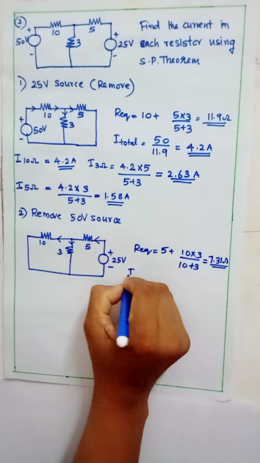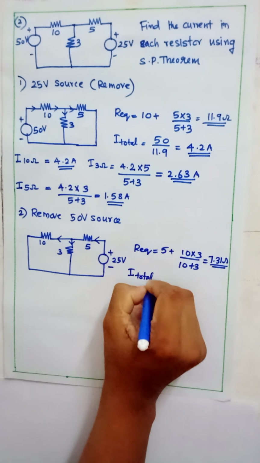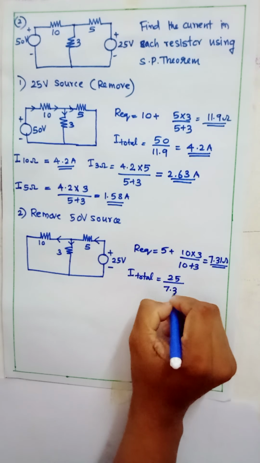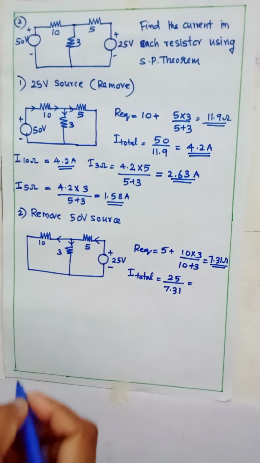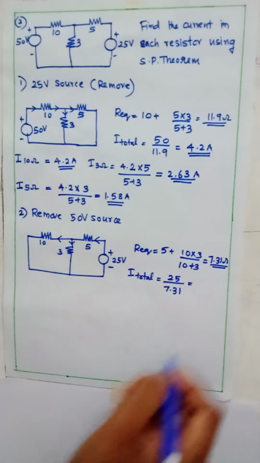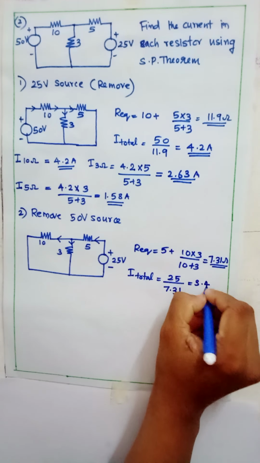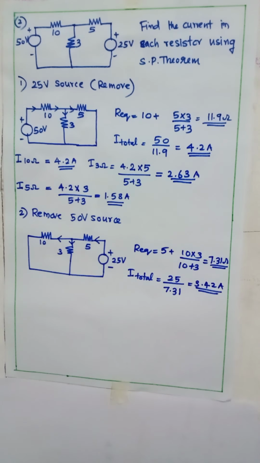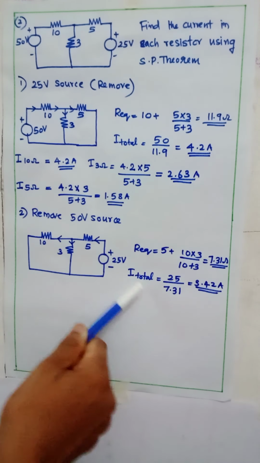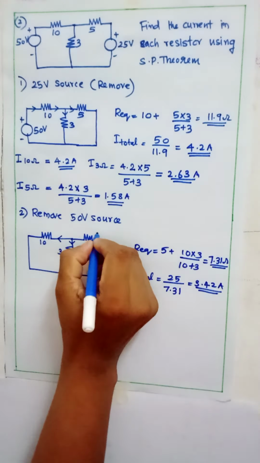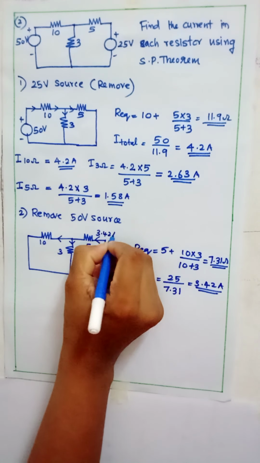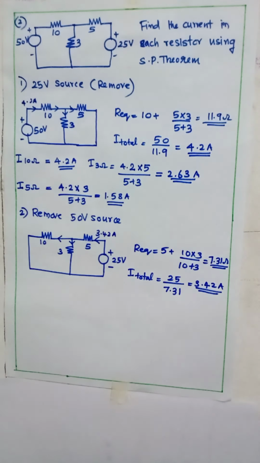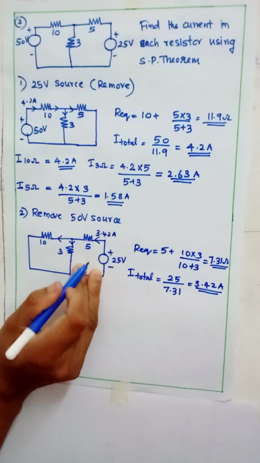So the total current I total is equal to total voltage divided by total resistance, which is equal to 3.42 ampere. So this is our total current from the source, that is 3.42 ampere, here it is 4.2 ampere, here it is 3.42 ampere.